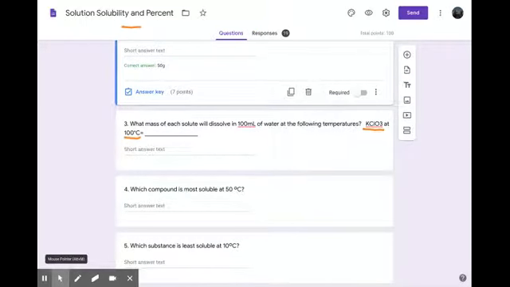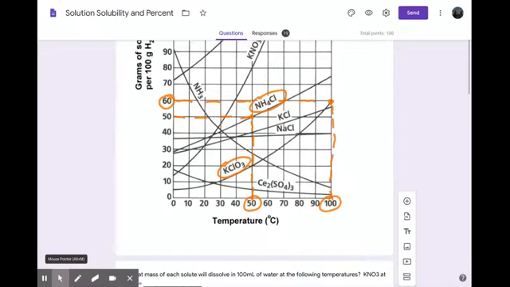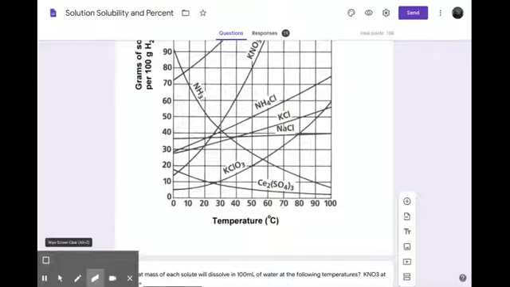Okay. Number 4, which compound is most soluble? Most soluble means it can be dissolved the most amount in the same amount of water, right? So it's the most soluble one at 50 degrees Celsius. 50 degrees Celsius is right here. Which one is the most soluble?